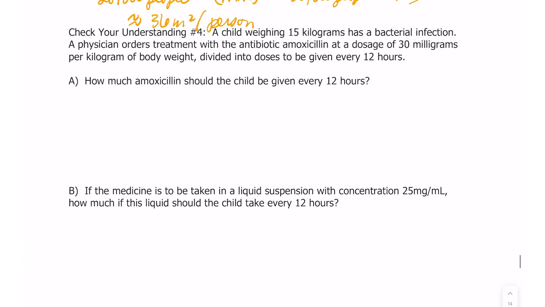So for A, you should get 225 milligrams, and for B, you should get 9 milliliters. And anybody that is maybe going into nursing or pharmacy or doctor, this problem here, A and B, will be practical and useful for you.